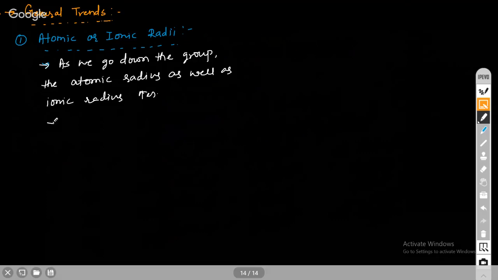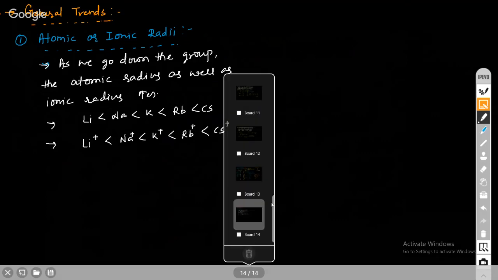If you write down the order: lithium, sodium, potassium, rubidium, cesium. In fact, for ions also, Li plus, Na plus, K plus, Rb plus, Cs plus. This is the order of atomic radius and ionic radius. Why does atomic radius increase? Due to addition of an extra shell.